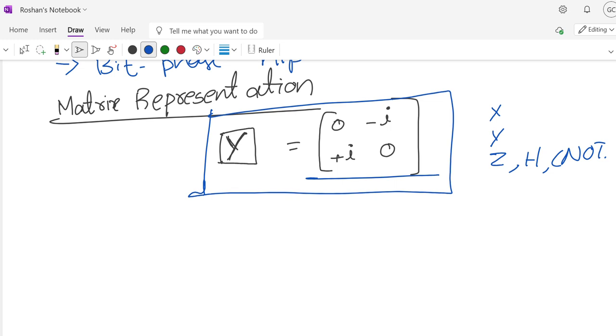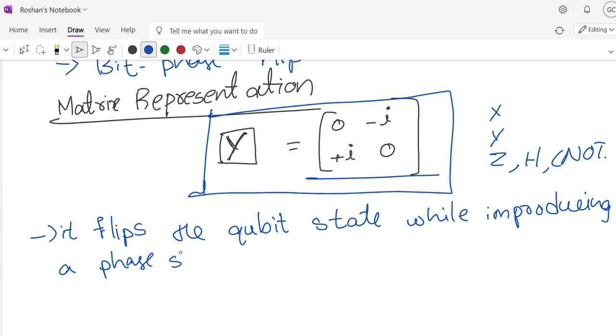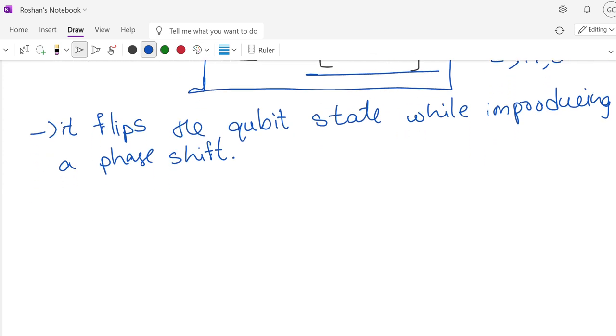What I said is that the Pauli-Y gate flips the qubit state while introducing a phase shift.